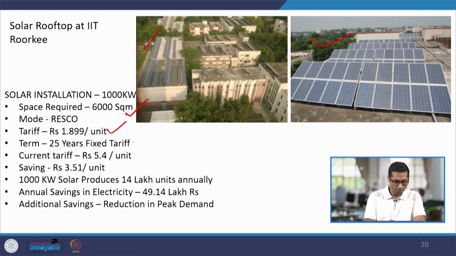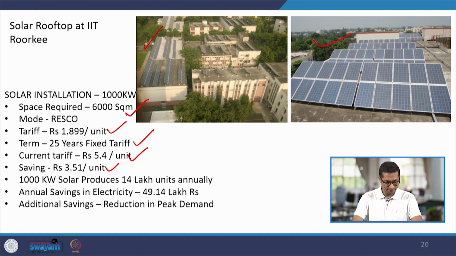So for the term of 25 years, IIT Roorkee will be buying the electricity generated from the solar PV panels at the rate of 1.9 rupees a unit, or 1.9 rupees a kilowatt hour, which is significantly less than the market tariff of around 4.5 rupees. And so the savings in electricity for IIT Roorkee came to around 3.51 rupees. That could be huge. The only thing IIT Roorkee had to give was the land in the form of the rooftops available in the different buildings.